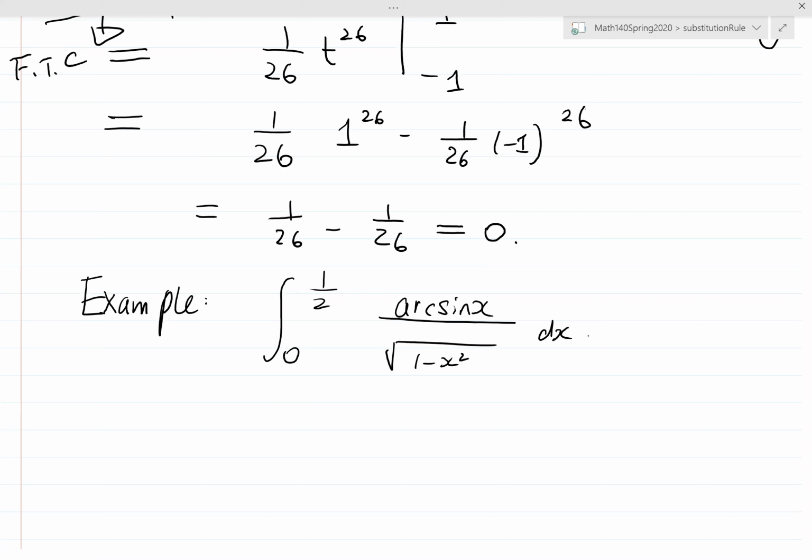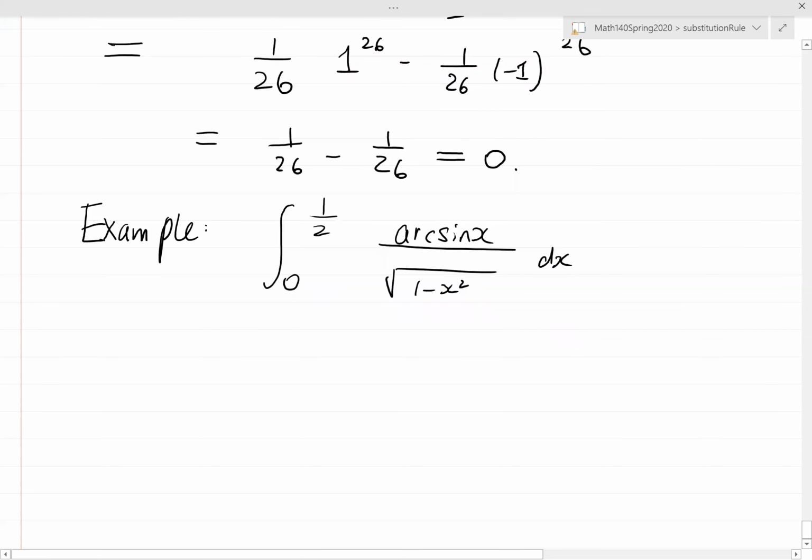What do we get? It's a fraction not in the antiderivative table, so we should consider substitution.